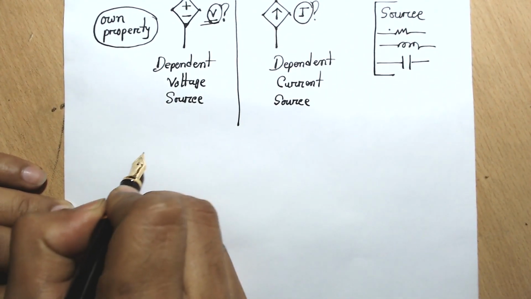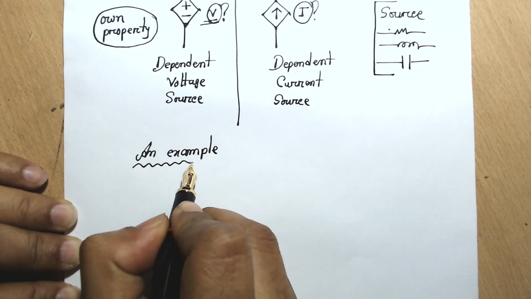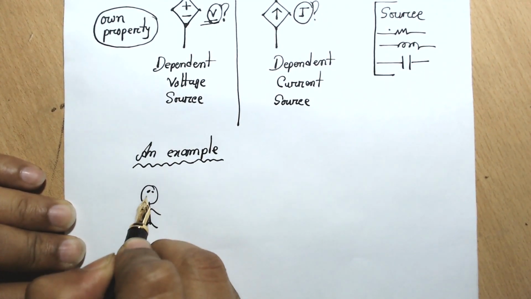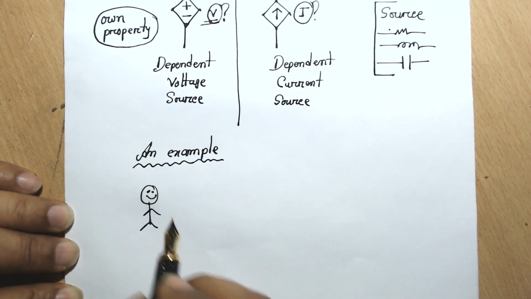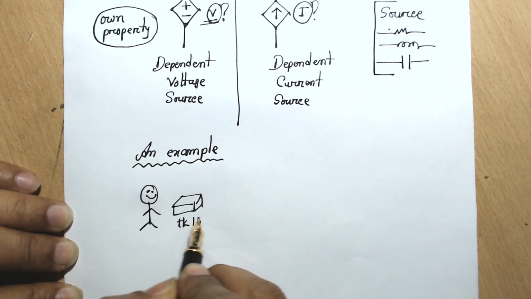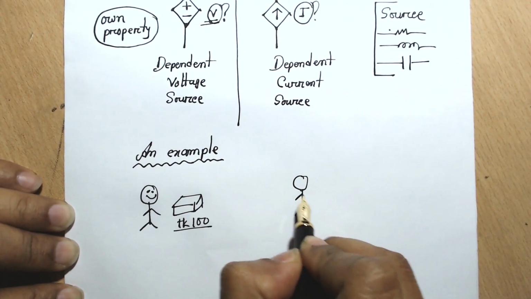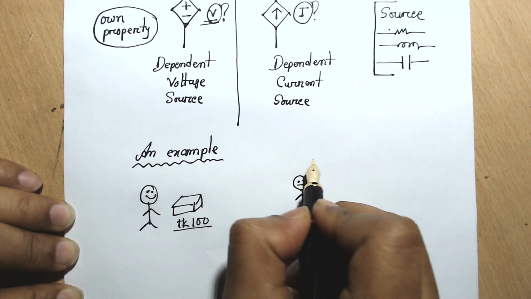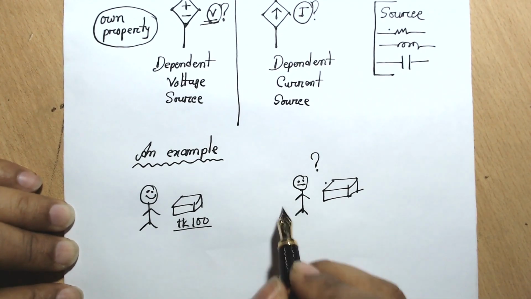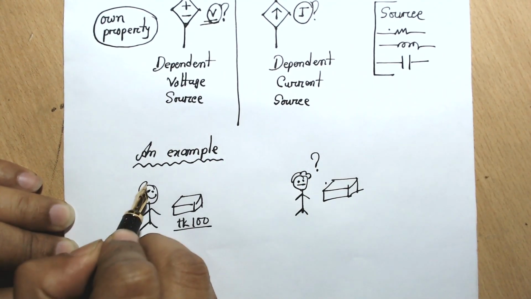Now, let's take an example. We will try to relate this example to some practical case. Let's say there is someone who is willing to buy some gift that costs, say, taka 100. Now let's say there is another person who has no idea what he is going to buy or what the cost of the gift will be. So this person is now relying on the first person.